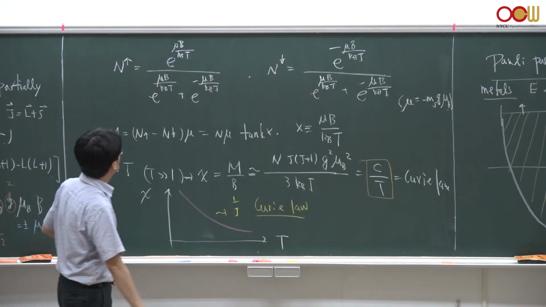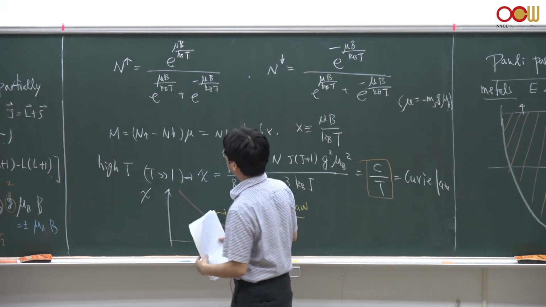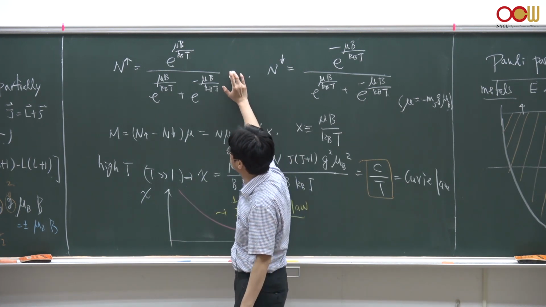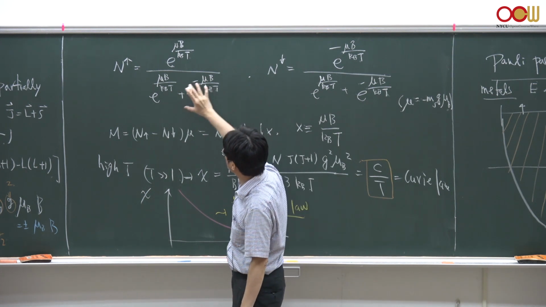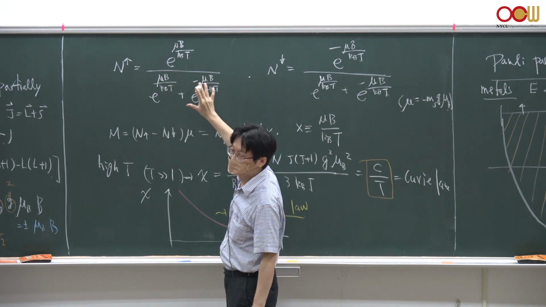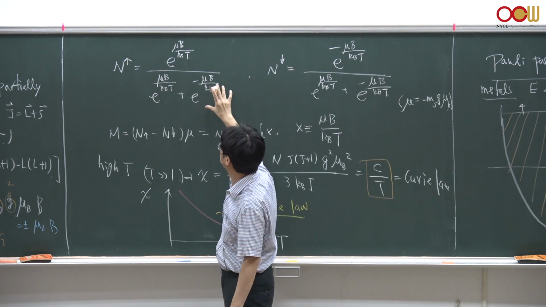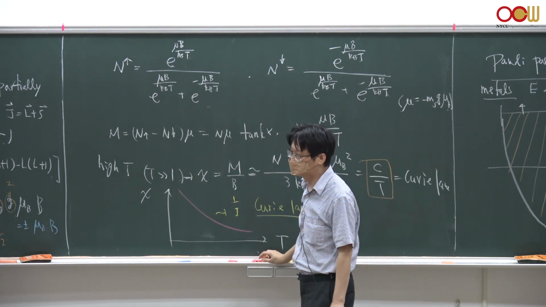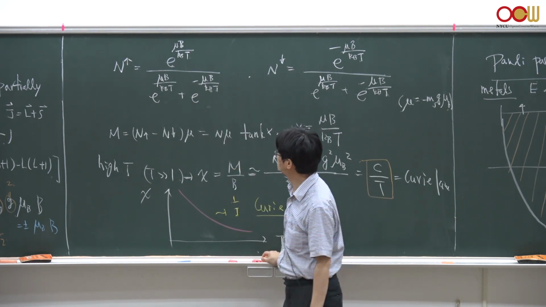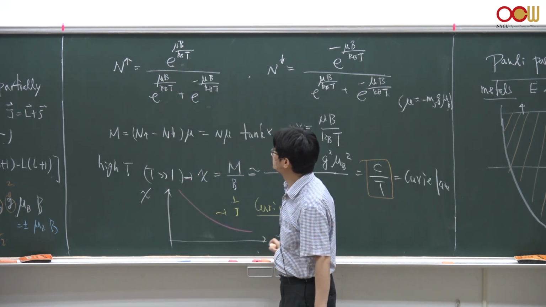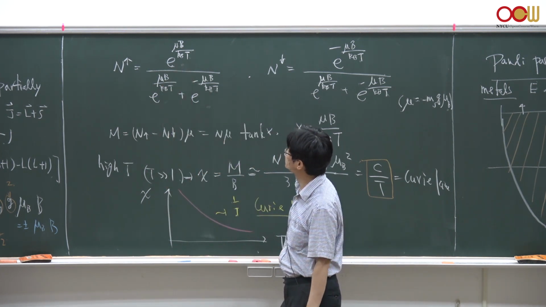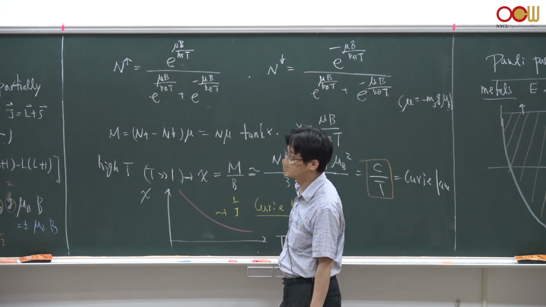For the spin up state, the number associated with that state is given by the Boltzmann weight. In the denominator you get the sum over these two Boltzmann weights, which is your partition function, and in the numerator, the exponential of your energy divided by k_B T with a minus sign.